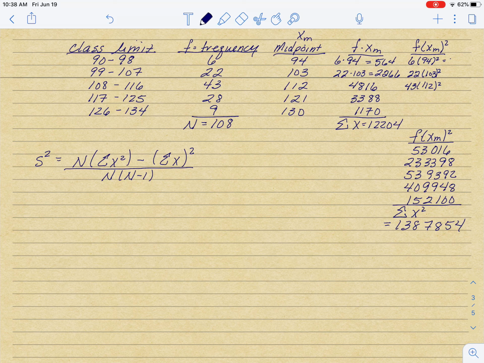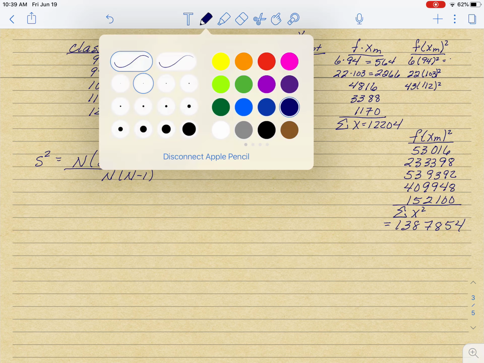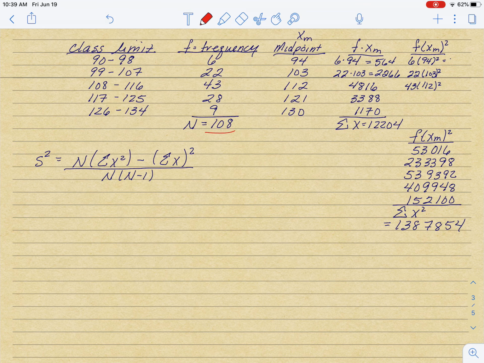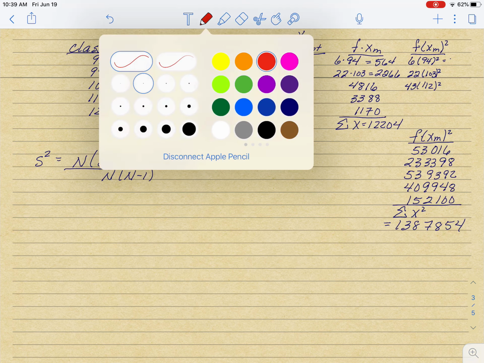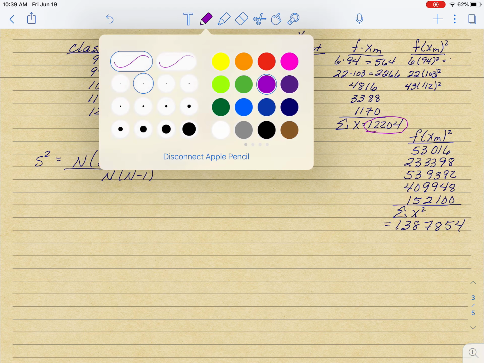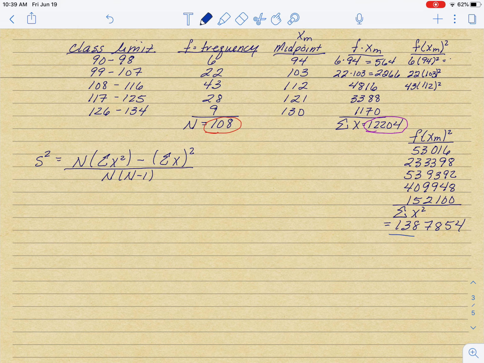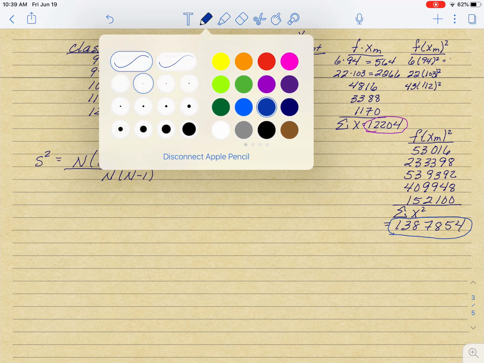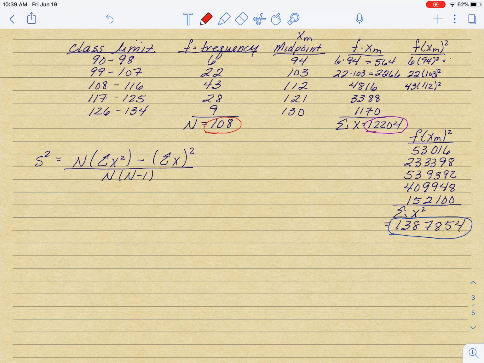I get that. All right, so now we're going to take each one of these values and plug them in. So let's get some color coordination here. This is n. This is the sum of x squared. And this is the sum of x. Okay, so here we go. We're going to try this out.